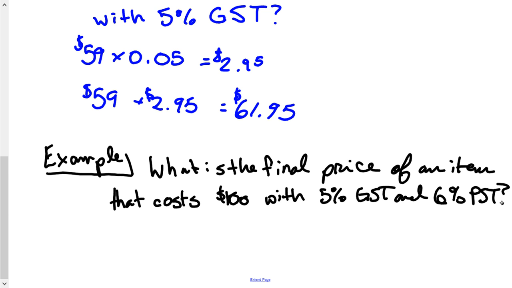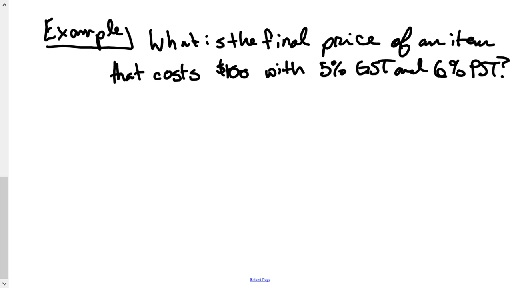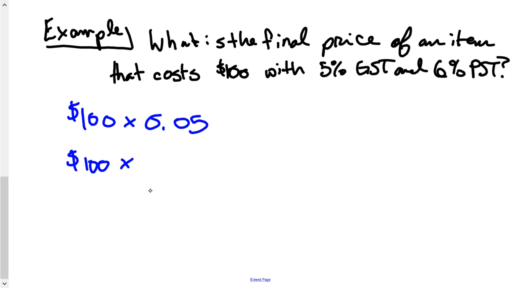Because I think that's what ours is. So we start with our item price, which is $100. We times it by our GST, and we also times it by our PST. So that should be, I do believe it's $5. Let me double check though.